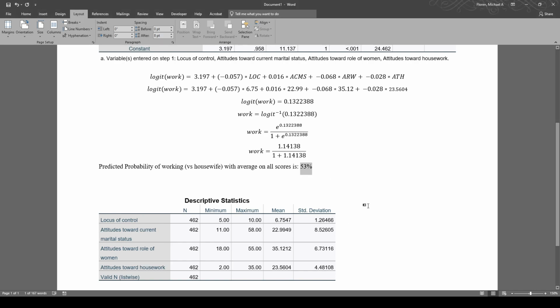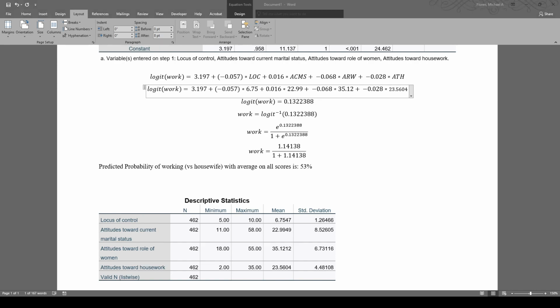And again, I'd recommend just moving one variable. So if I did attitudes towards role of women, I would leave all of these other values set at their mean, and I would just change this particular one and see how it worked.